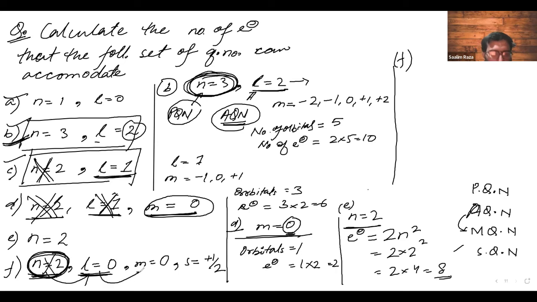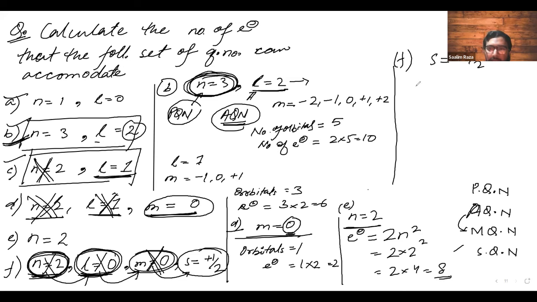Now the next one: we have been given the magnetic quantum number. If it is given, does the azimuthal quantum number have any significance? No. The spin quantum number has also been given, so the magnetic quantum number holds no significance. Hence S is equal to plus half.